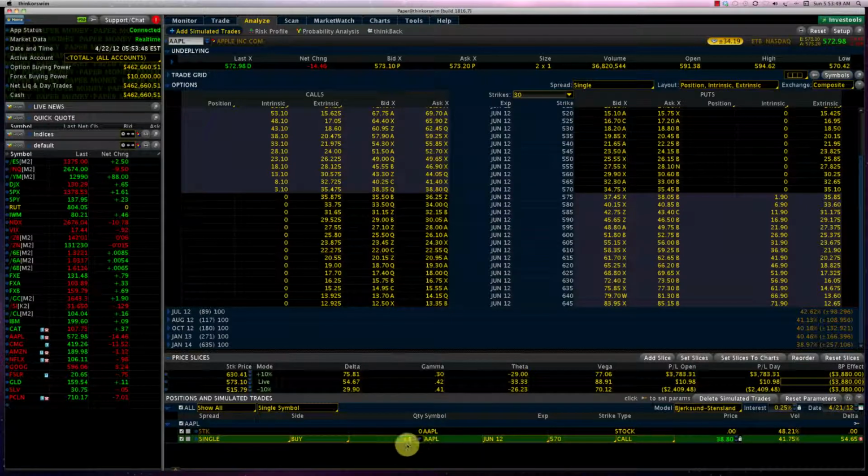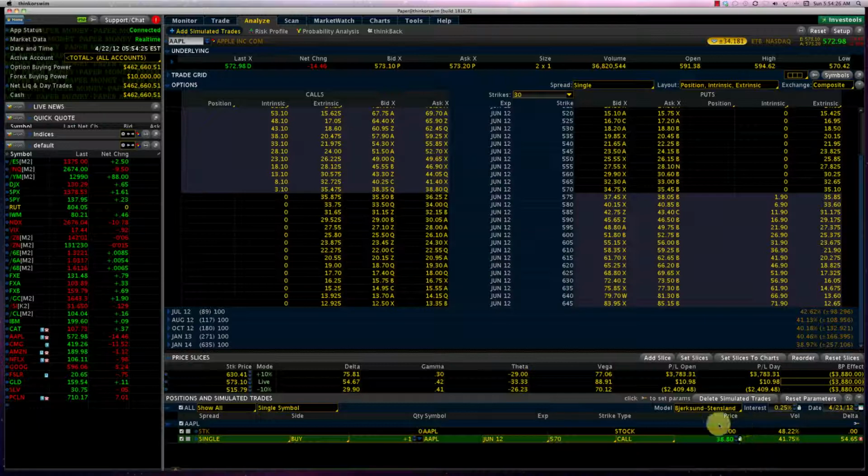So for 100 shares, we paid $3,880. If you were to buy 100 shares of Apple today, you would pay $573 per share. For 100 shares, that works out to $57,300 to be exact. So you can see leverage at work. This is principle number 2. Whenever you buy an options contract, it is a leveraged instrument, and your investment into the position is going to be much less if you are an option buyer.